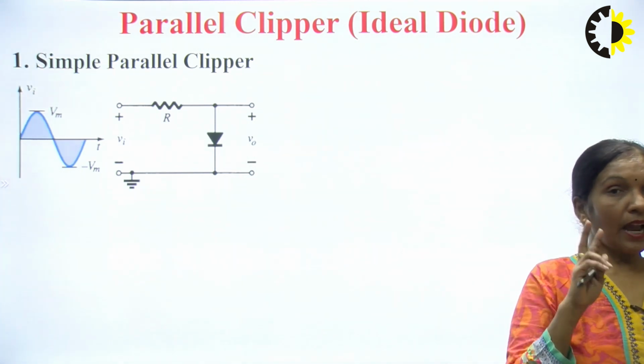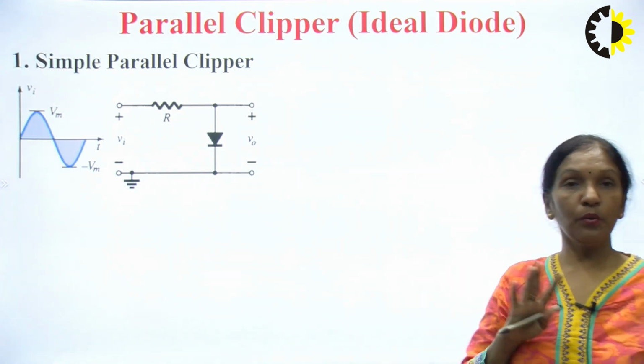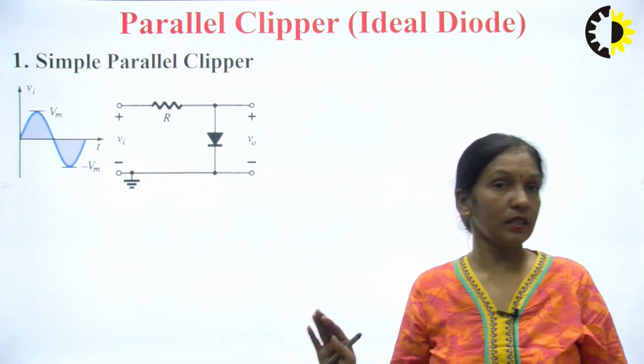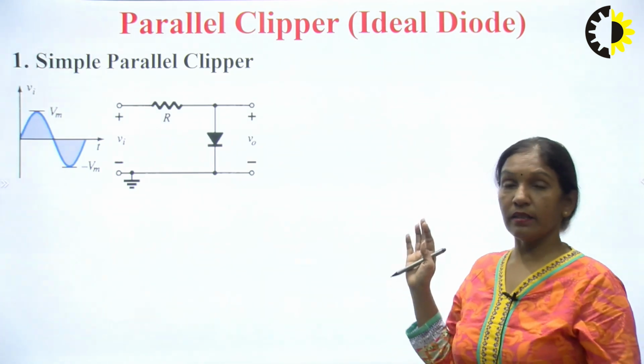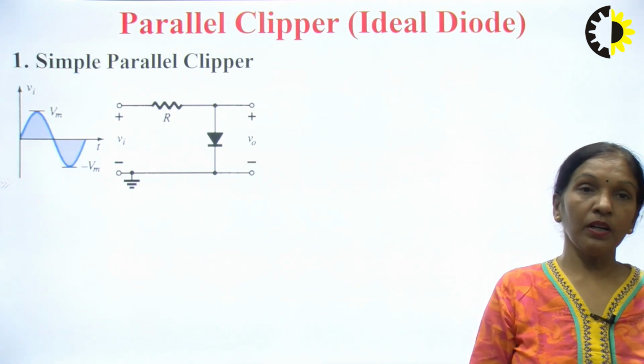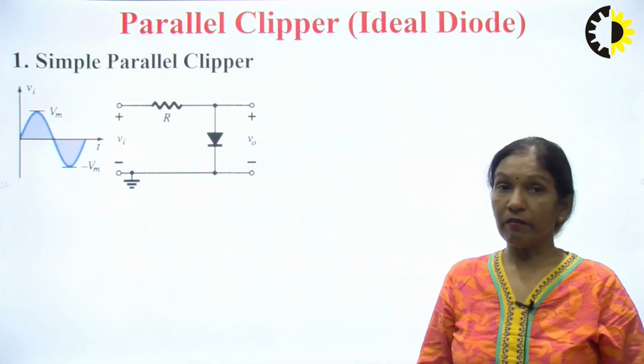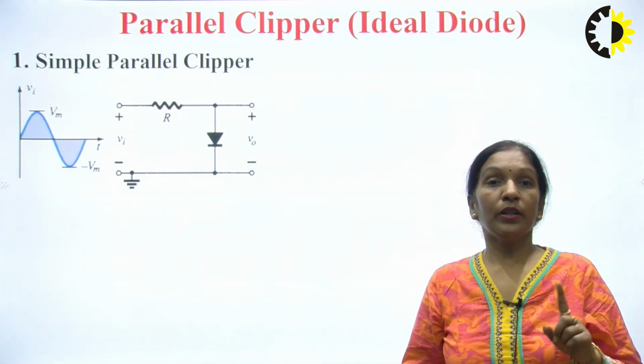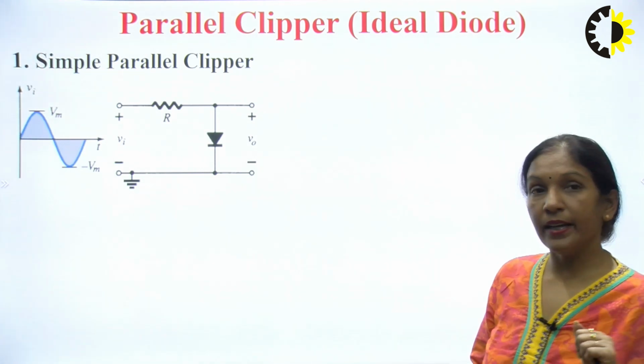Also it has only two components, so no additional battery is connected in the circuit, and that is the reason it is an unbiased clipper. Let us see if it is a negative clipper or a positive clipper. That we can only say after doing the analysis. So let us start the analysis.